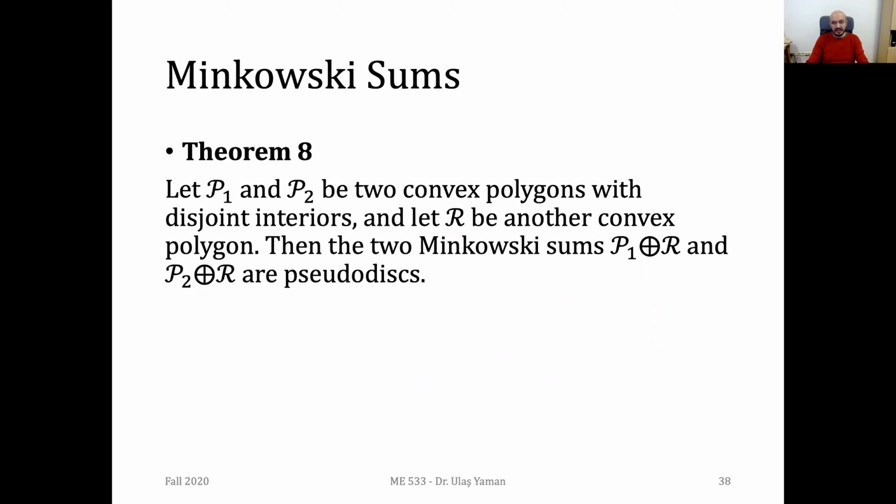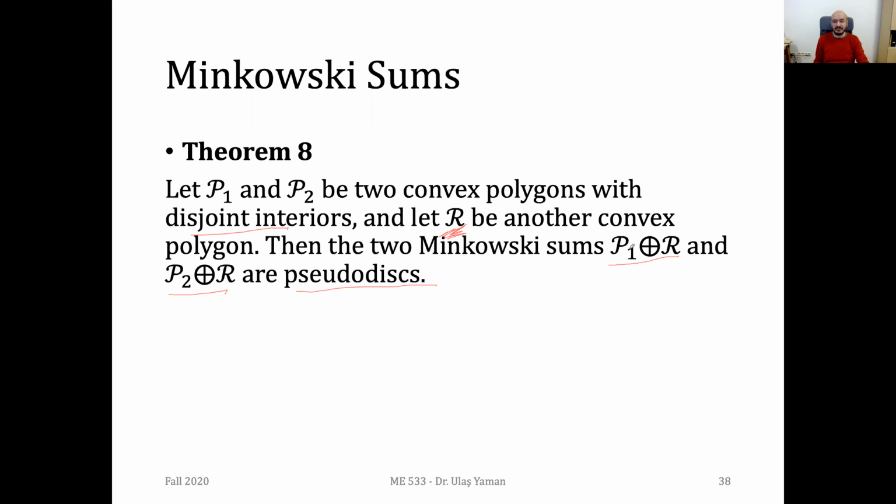We have another theorem. Again, we are assuming that the two objects P1 and P2 are convex polygons having disjoint interiors. And now we have an additional object, which is R. So if you take the Minkowski sum of P1 and R, and another Minkowski sum of P2 and R, then we can say that these are pseudodisks. So what is that?